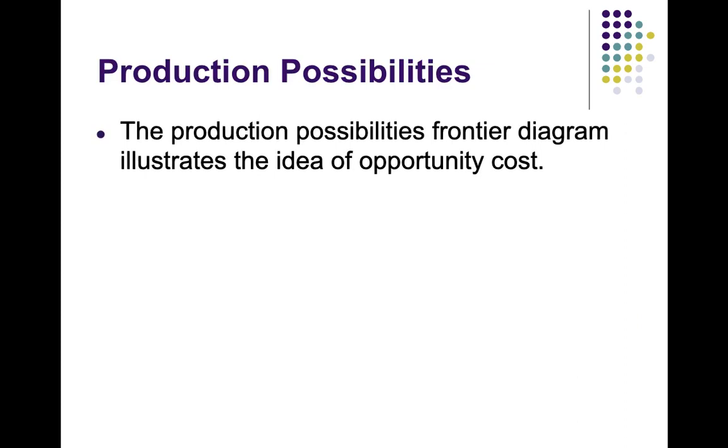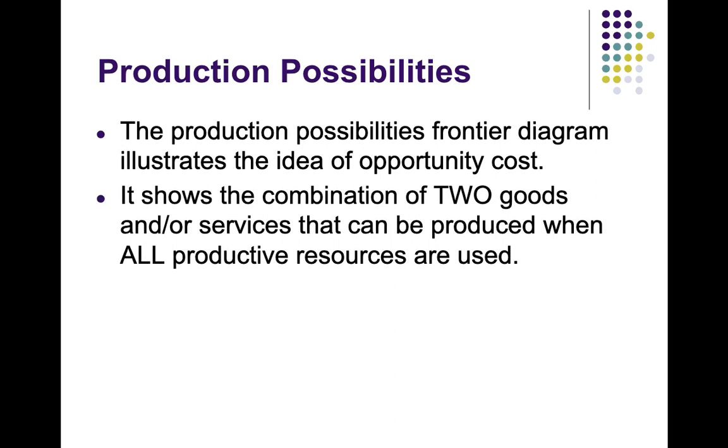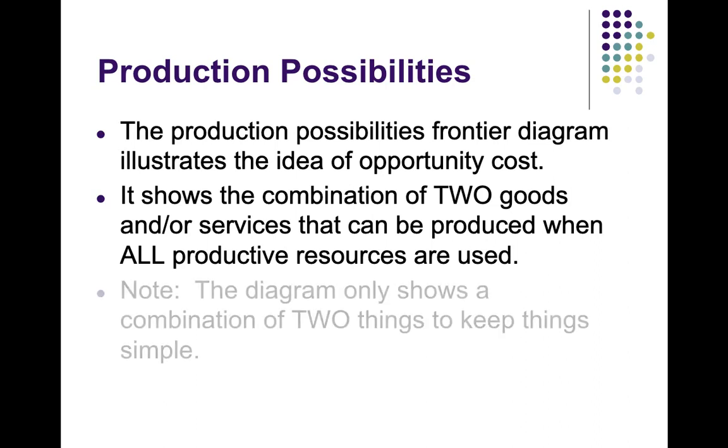Production possibility frontier, or curve, sometimes as it's called. This is a way to help actually diagram and illustrate that idea of an opportunity cost. It shows the combination of two goods and or services that can be produced when all productive resources are used.